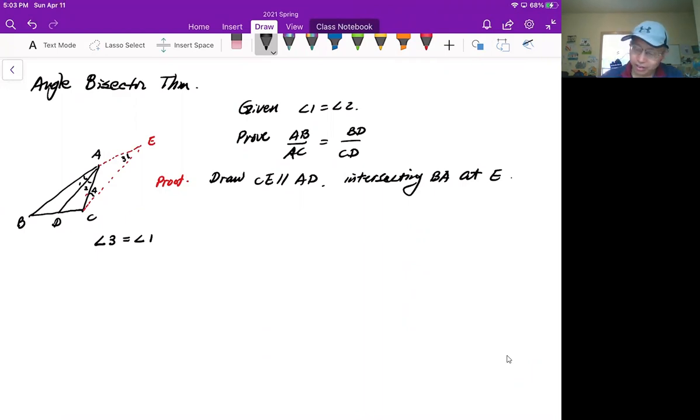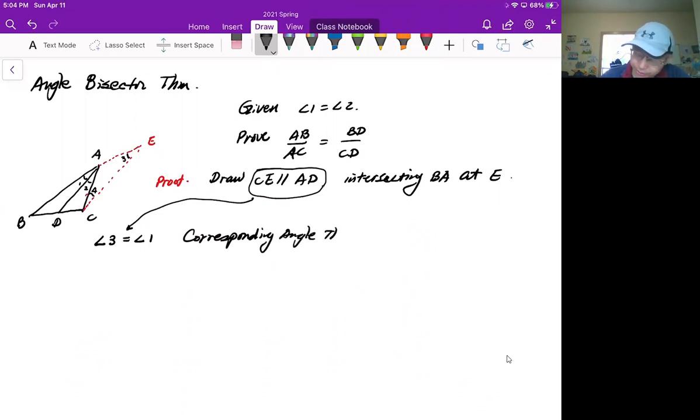Well, because of the parallel lines, angle 1 and angle 3 are corresponding angles. So we get the corresponding angle theorem.